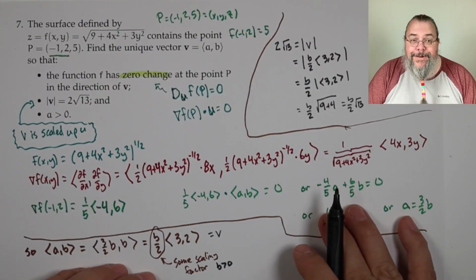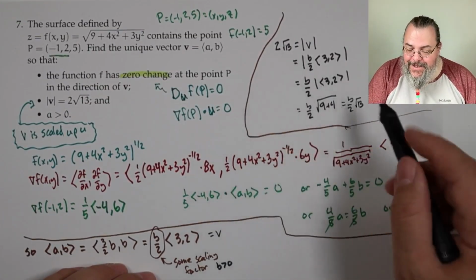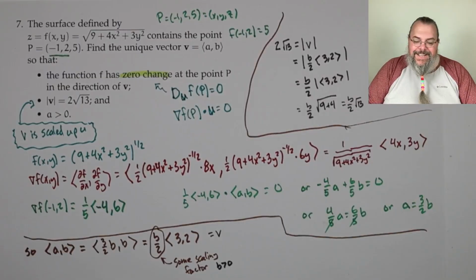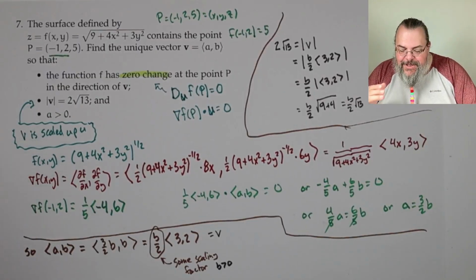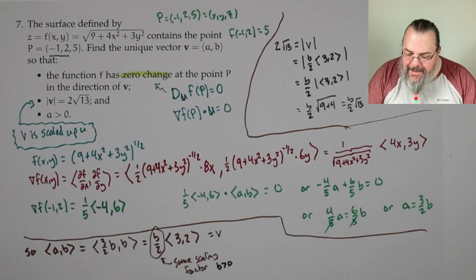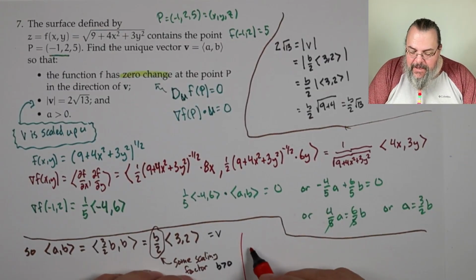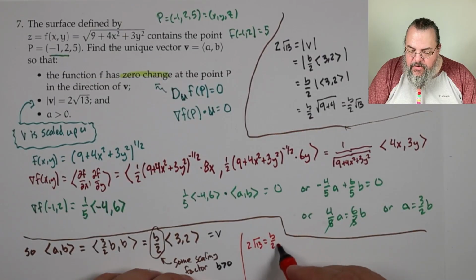Okay. But we already had a square root of 13. It's like we've lived a good, clean algebra life, right? And so we say, aha. All right, back down here. So we have 2 square root of 13 needs to equal b over 2 square root of 13. The square roots of 13 cancel.